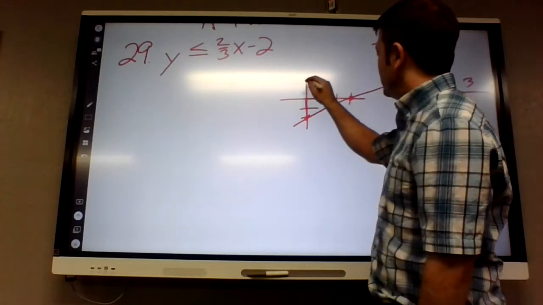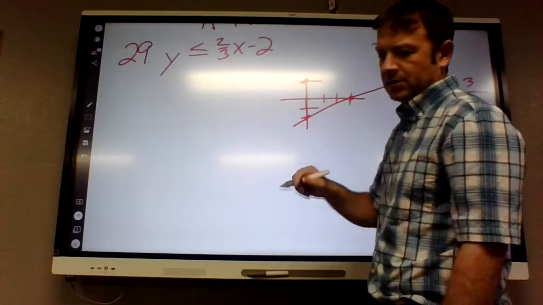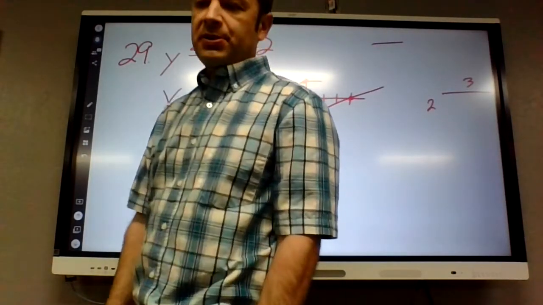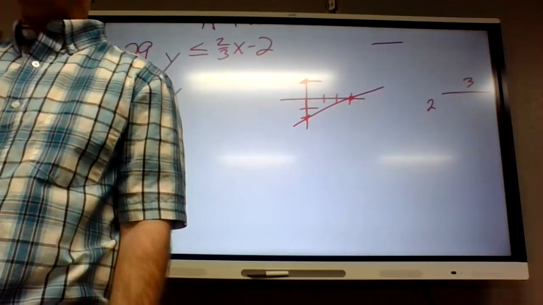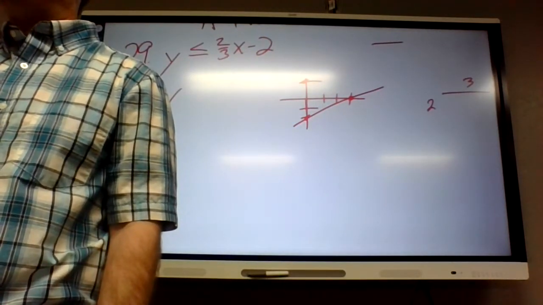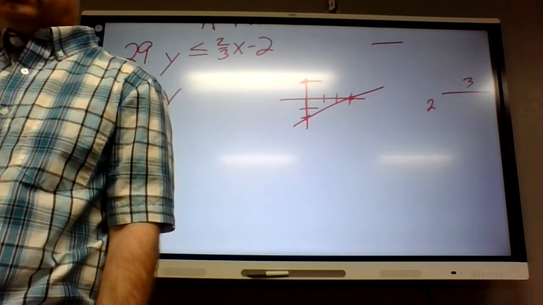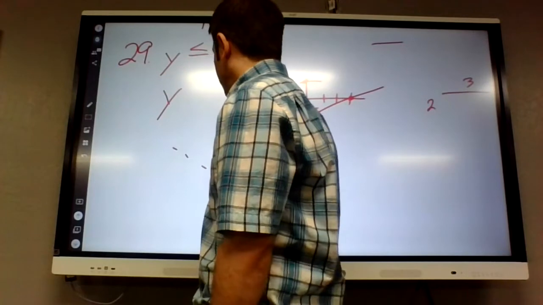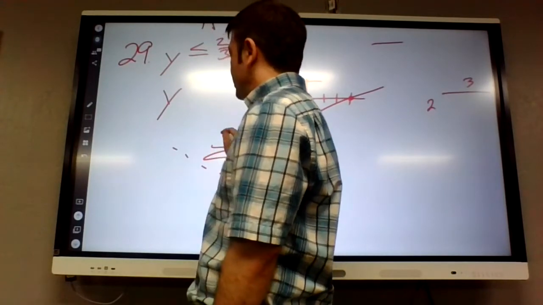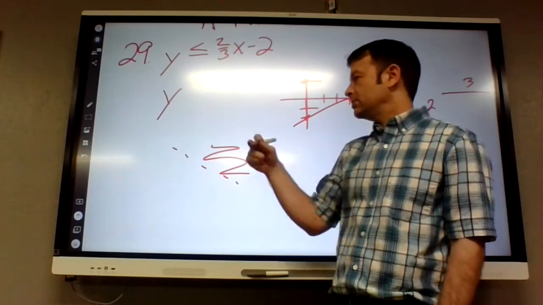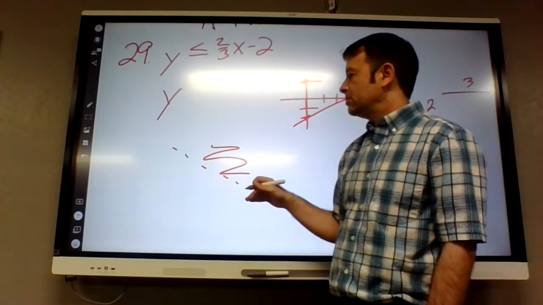Okay, then the other line is dashed and shaded above. So if it's dashed and shaded above, would it be less than or greater than? Greater than.